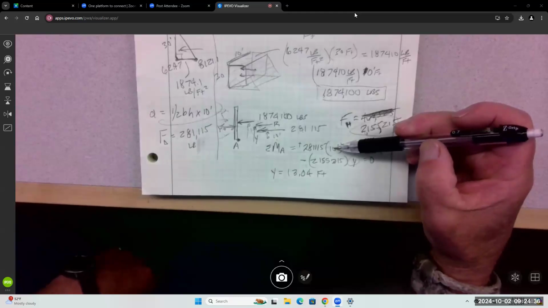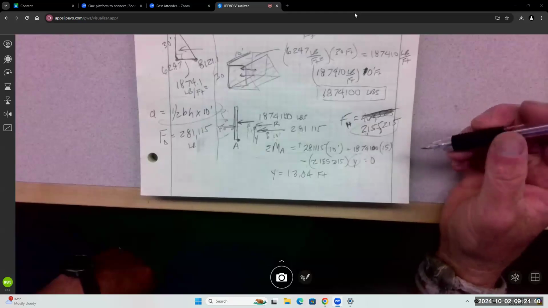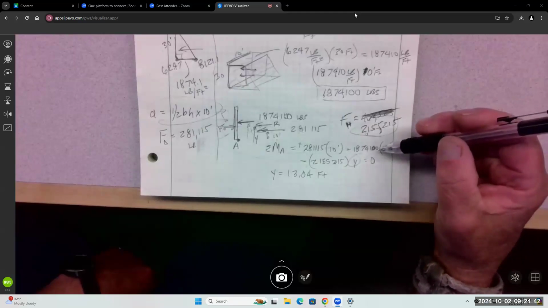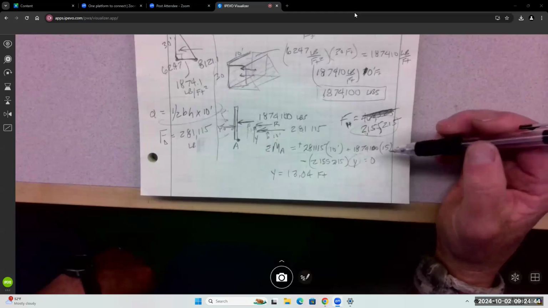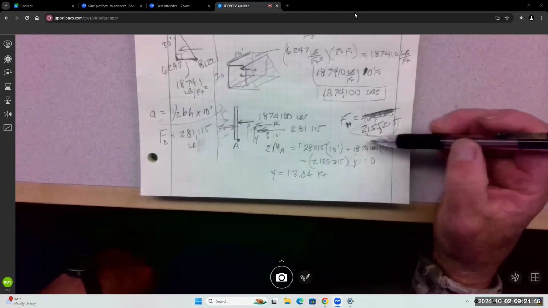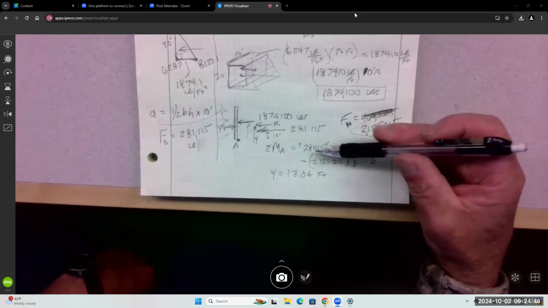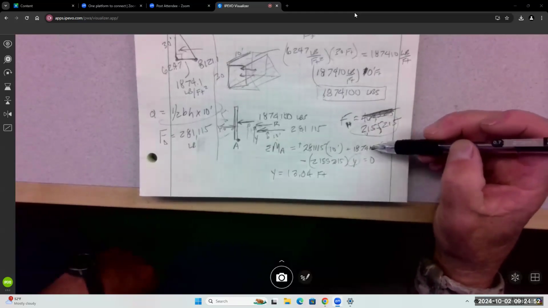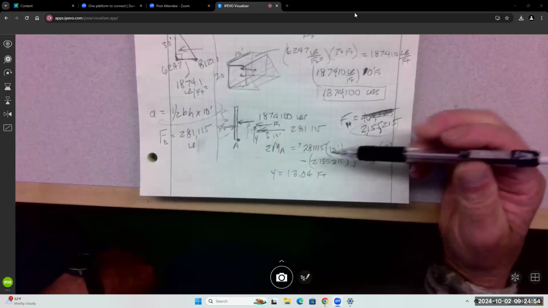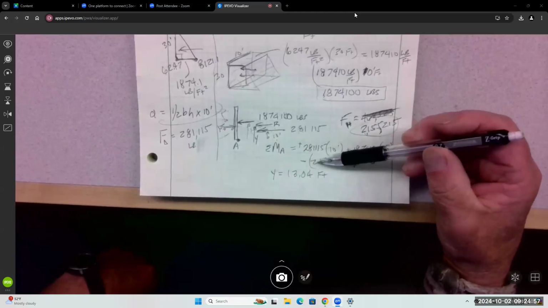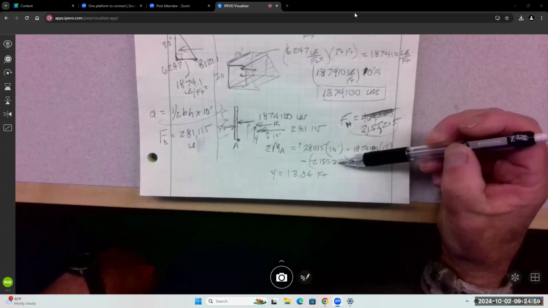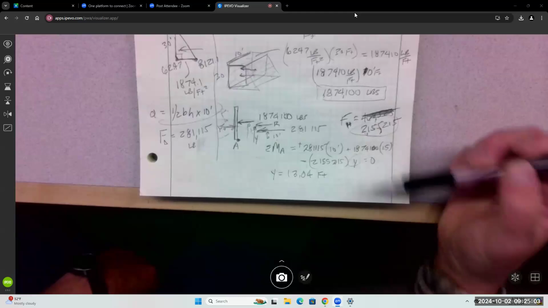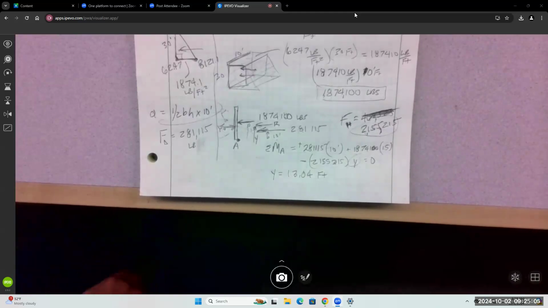Let's talk through the equation you're using. So 281115 times 10 plus 187410 times 15, and the 215521 gets moved to the other side.